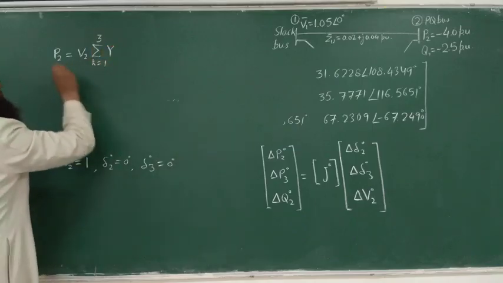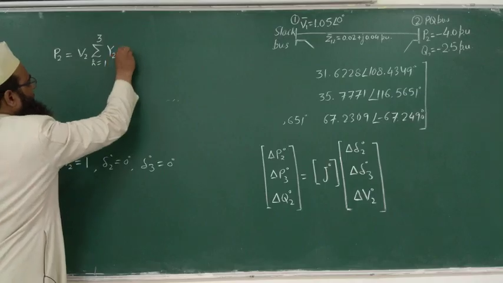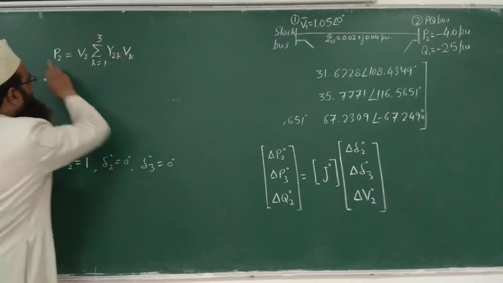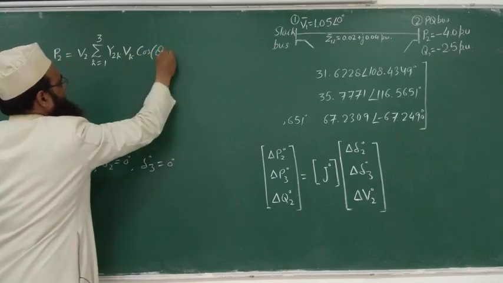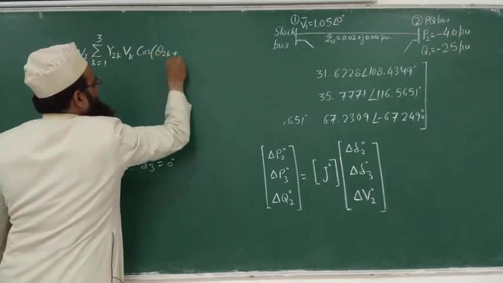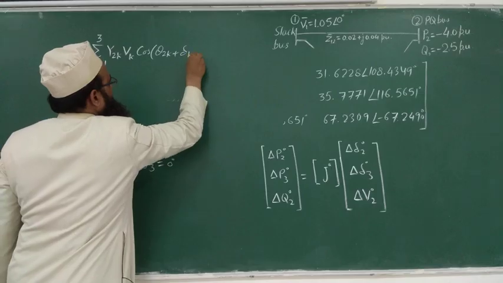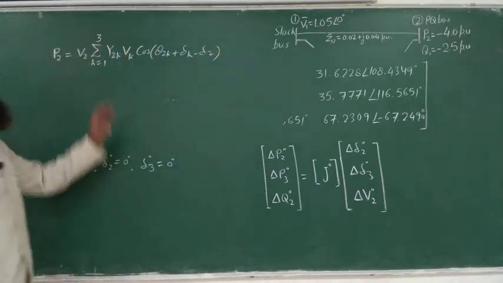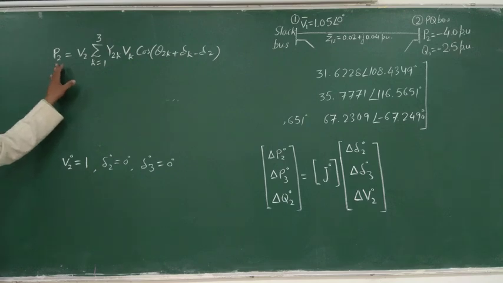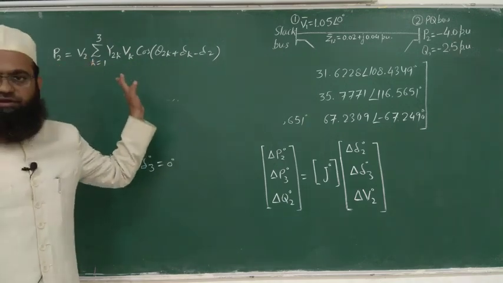Yik, so I is 2 here. So Y2k, Vk. And for P, you used to put cosine, right? Theta ik, I is 2 here, plus delta k minus delta I, I is 2. So put here 2. So this is the general formula for evaluating P2, isn't it?